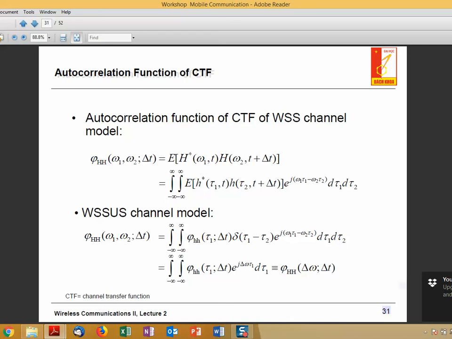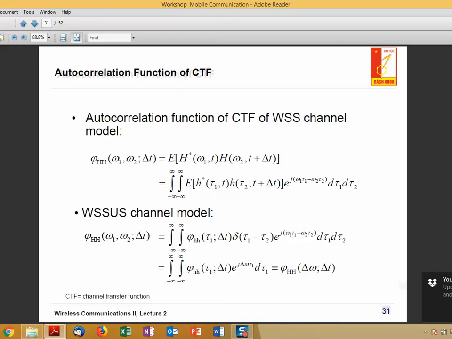And we observe the channel transfer function of the wide-sense stationary channel here. Similar to the definition of the autocorrelation function of the channel impulse response, we can also define the correlation function of the channel transfer function. The definition is the same.